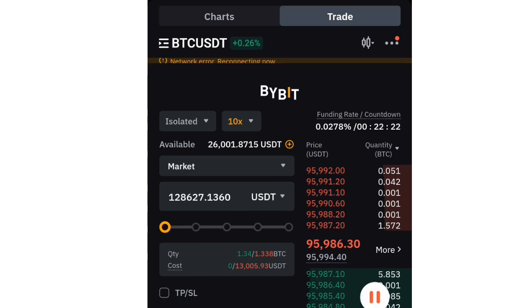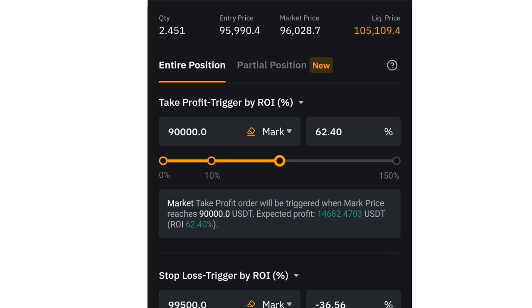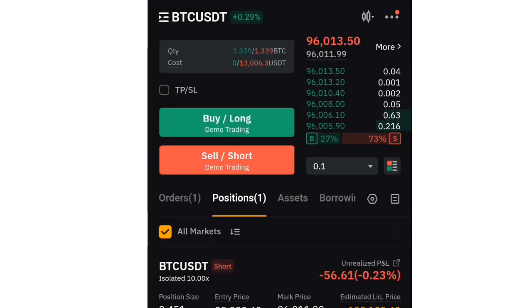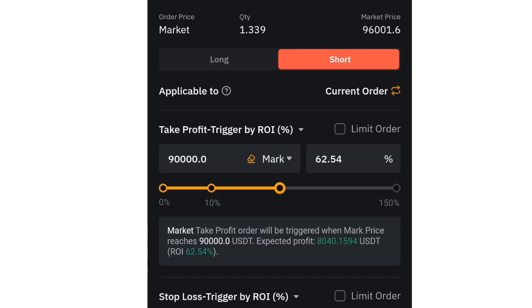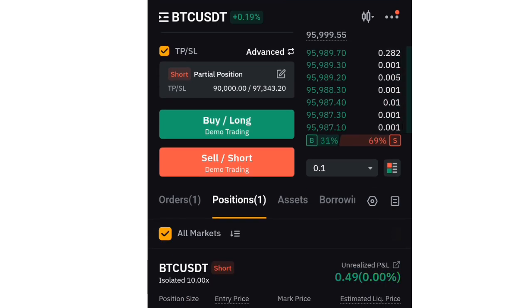You click on this and then you click on confirm. So we are here on our take profit and stop loss. You click on confirm after everything. It has confirmed already. Hope you can see it has confirmed already.